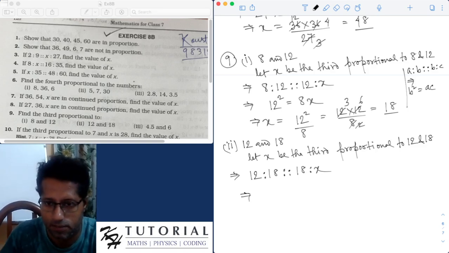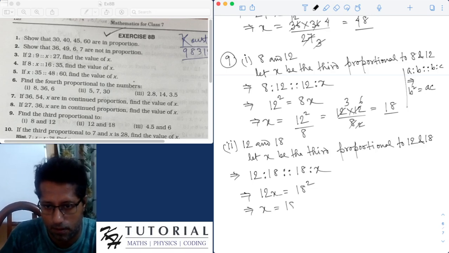In this problem we can now say that 12x equals 18 square. This implies x equals 18 square by 12.